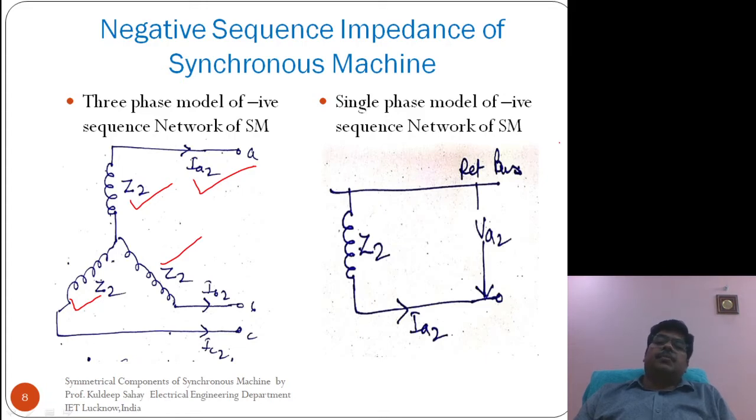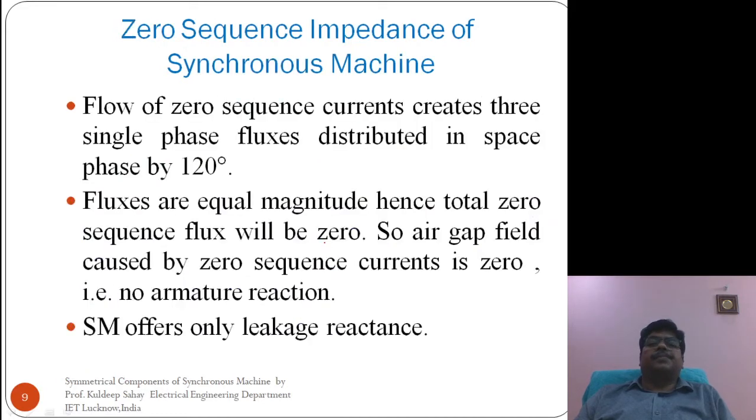So in the per phase model of the negative sequence network of a synchronous machine, there will not be any induced EMF, and the current is passed in the opposite direction. Here it is represented Z2, I2, V2. So VA2 will be equal to minus Z2 into IA2, because it is in the opposite direction.